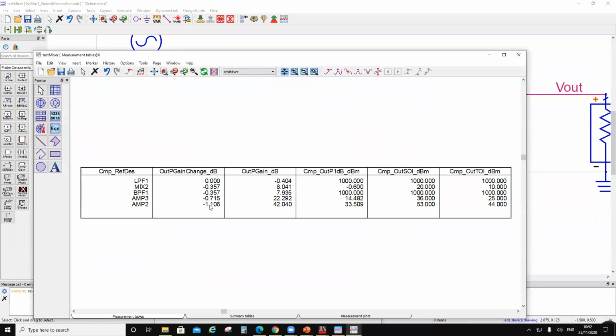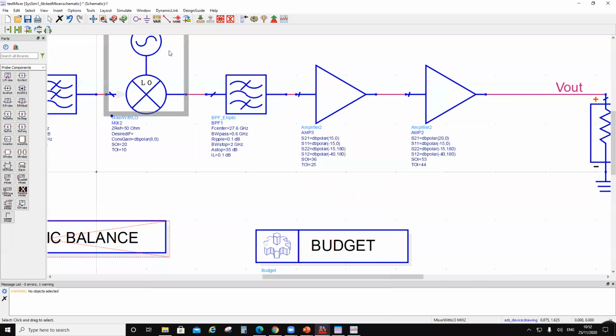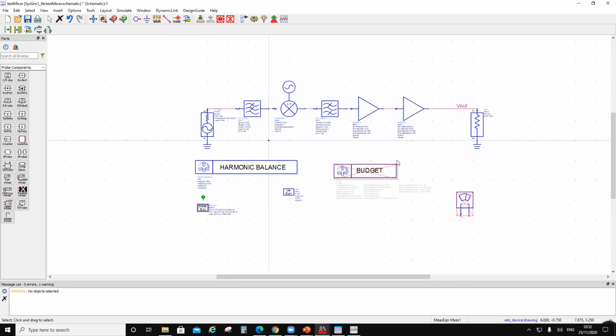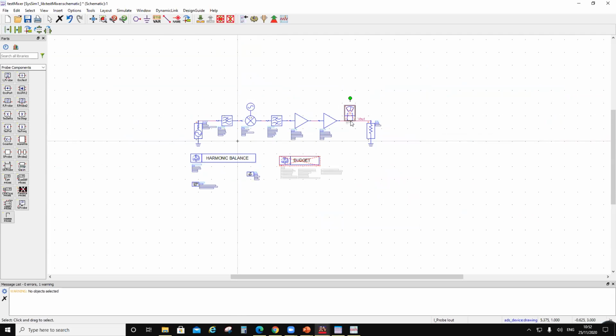Now you are seeing 1 dB compression at an input of around -5, right? So we can go back and look at what happened to our compression point. Enable this guy and this guy, put this back over here, enable this one, and run this again.